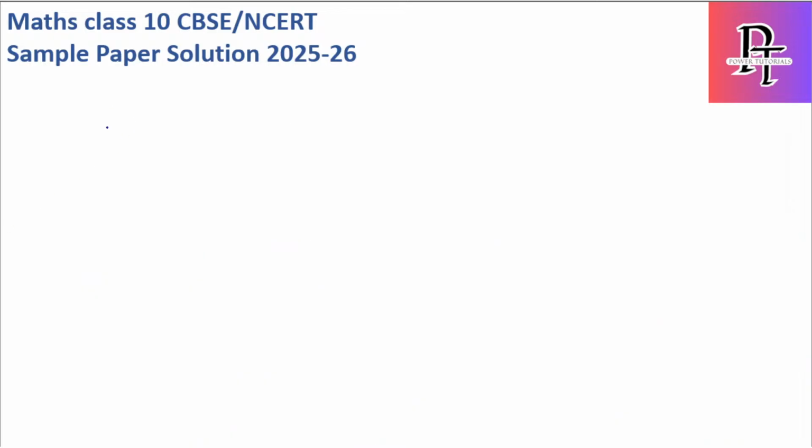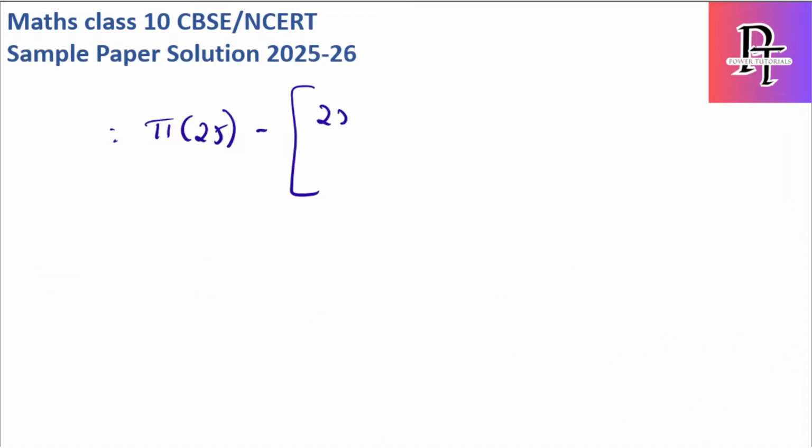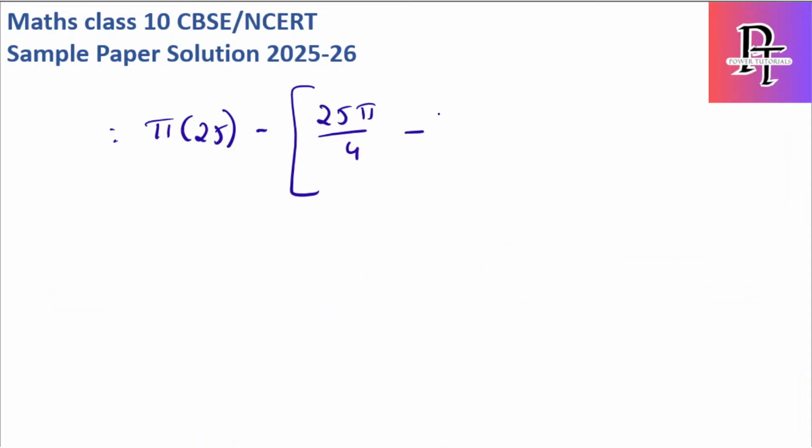Okay, now let's solve this. It is pi into 25 minus, 90 by 360 is 1 by 4, so it is 25 pi by 4, minus the area of the triangle, which is 25 by 2.